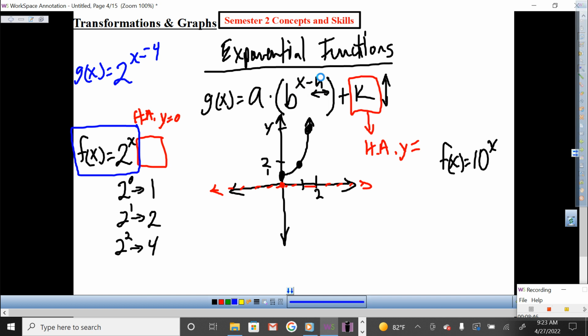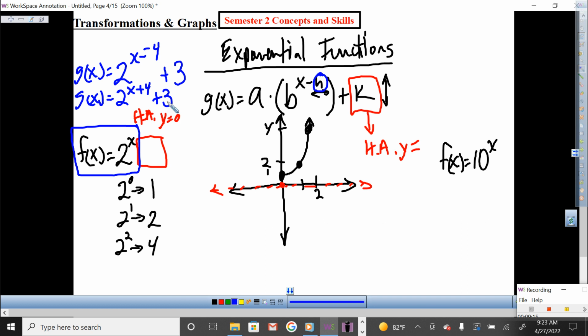So instead of h, I substitute negative 4 because it's going to go 4 steps to the left. And 3 steps up, everyone. Where does that one go? Plus 3 at the end. Can we rewrite that now? Yes. g of x equals 2 to the exponent of x plus 4, and then the constant of plus 3.